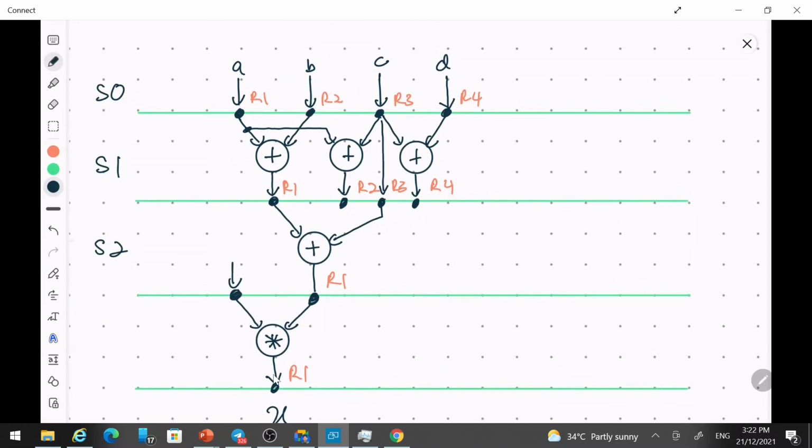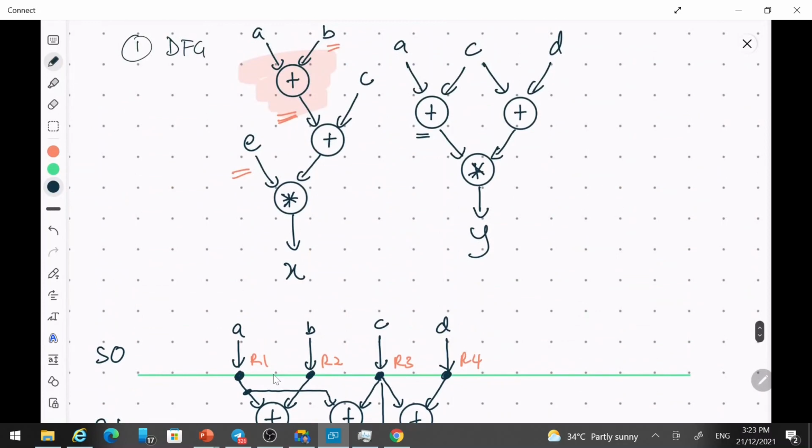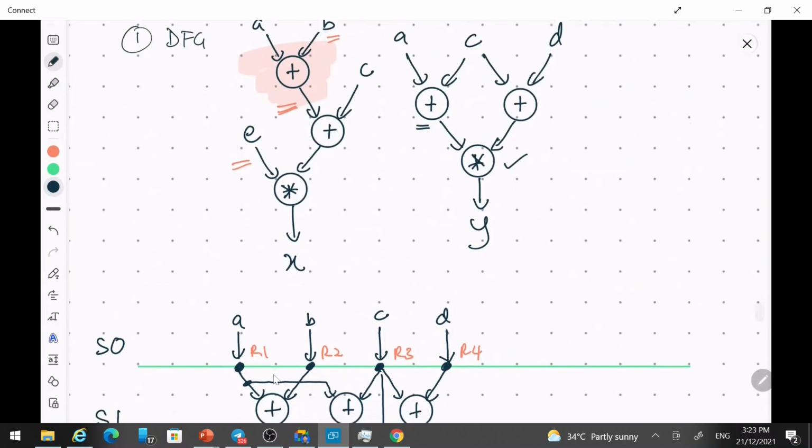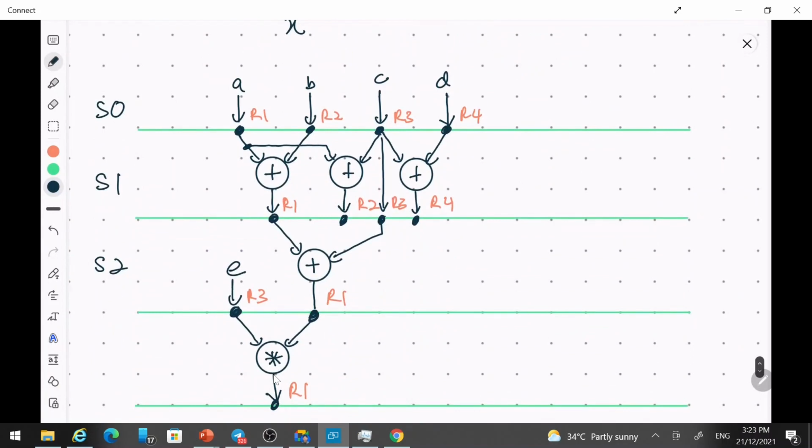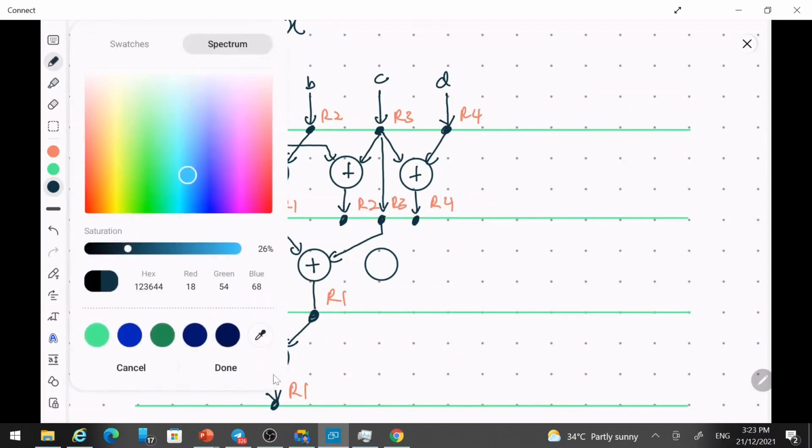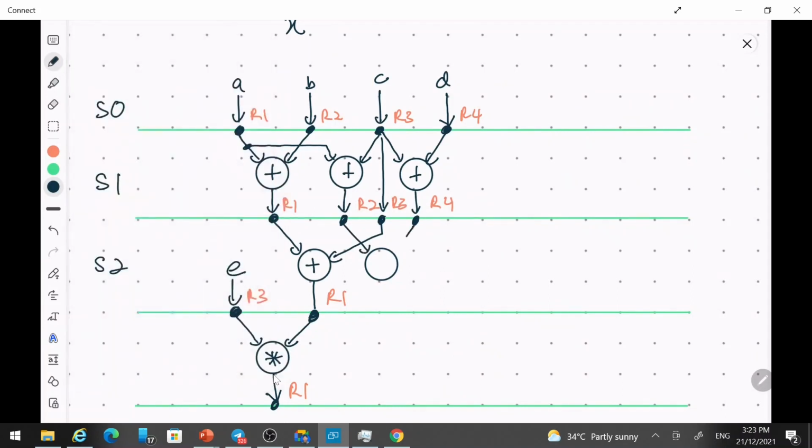So we can use R3 to have E here. And we need one more operation, which is multiplication. So this multiply with this, we have Y here, and we can use R2 to store the result.